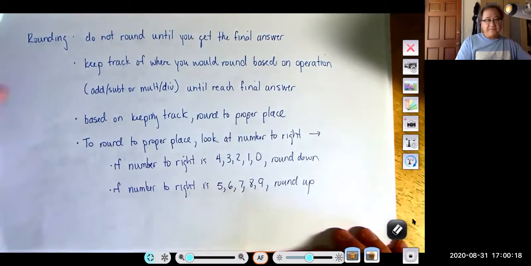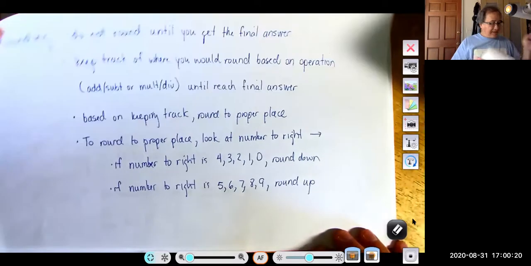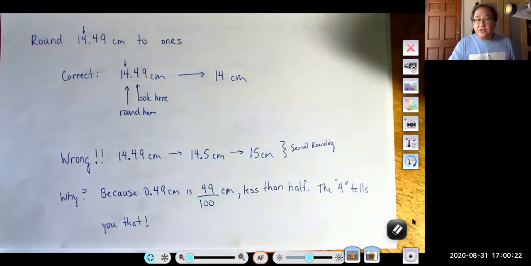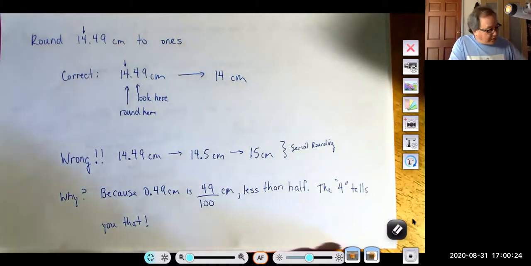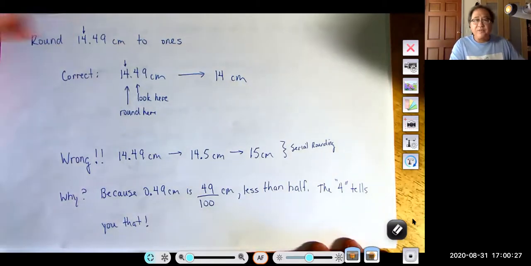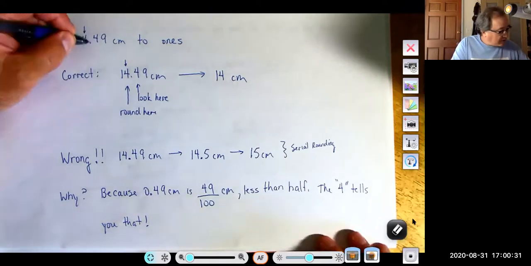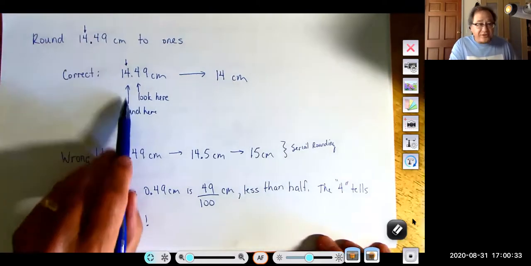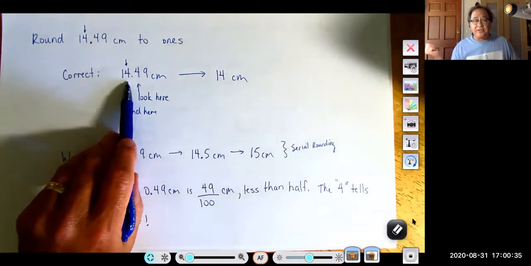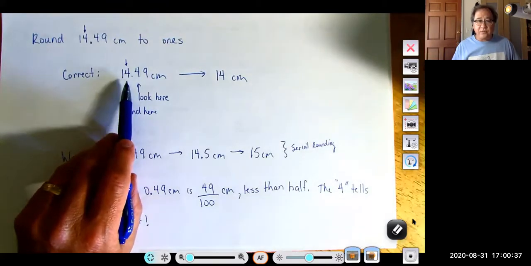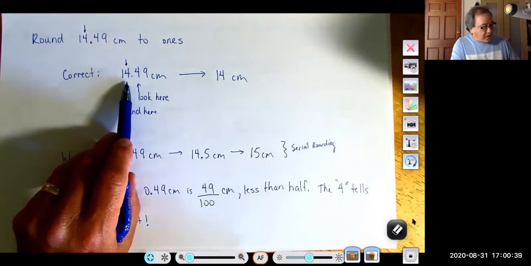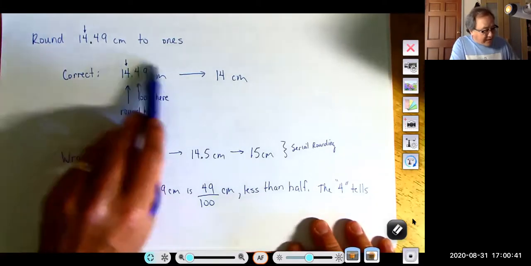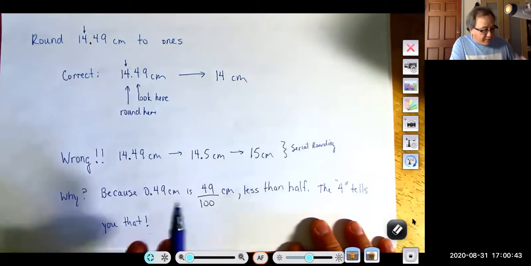Let's take a look here at an explanation for why you only need to look at the next number. So let's say we did some calculation and we decided that we need to round to the ones. So here we're going to round to the ones, which means we look to the right and we see a 4. What do we do? We round down. So how do we round this down? Well, we take that 4, 9 away and we get 14.